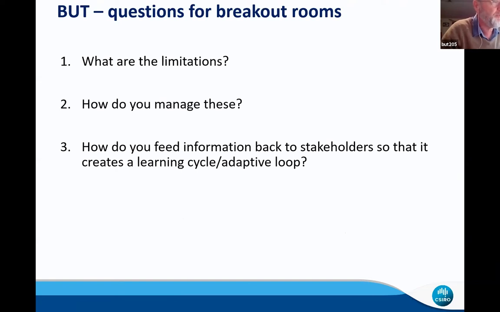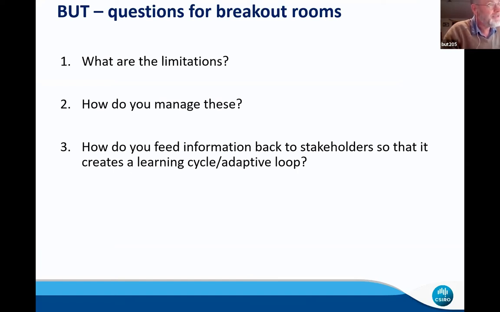These are the 3 questions that we're going to give you for the breakout groups in about 20 minutes, half an hour's time. Just wanted you to think about what are the limitations of participatory evaluation. I haven't touched on them completely, deliberately. That's for us to discuss later, perhaps.